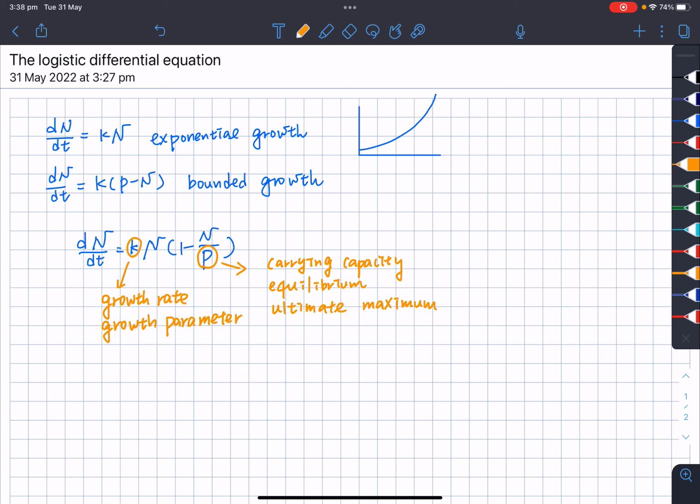And here, N is bigger than 0 and smaller than P.